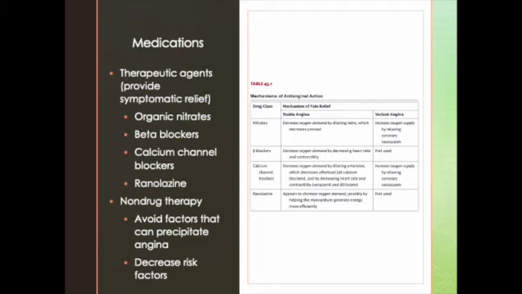Now, all four of these groups of medication are going to help relieve the pain of stable angina, and the primary mechanism is the decrease in cardiac oxygen demand. These drugs can only help provide symptomatic relief. They're not going to affect or improve the underlying pathology causing this increased oxygen demand and pain.